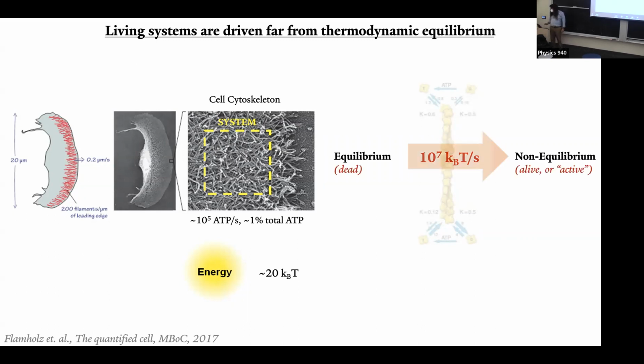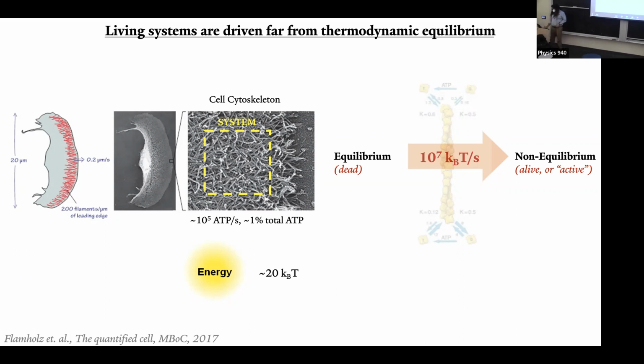We can think of that as the amount of energy that it takes to drive the system far from thermodynamic equilibrium. If you weren't consuming that ATP, that would lead to death. And so in that sense, equilibrium means death. So we could think of this investment as something like a distance from equilibrium, what would make it alive, or if we were to take these components outside of the cell, what we would call active.